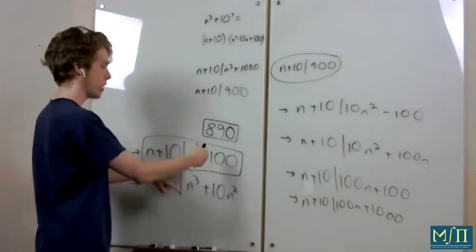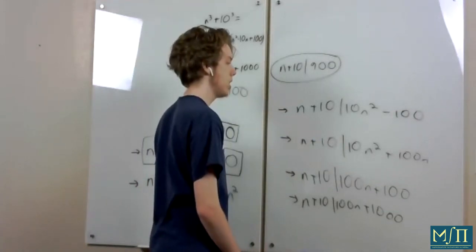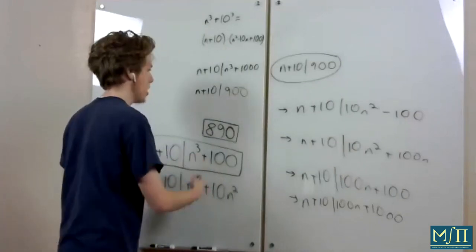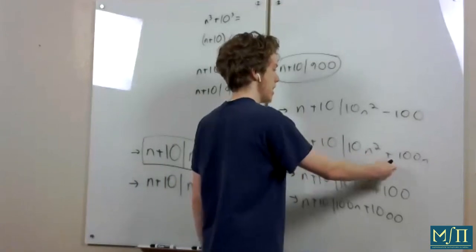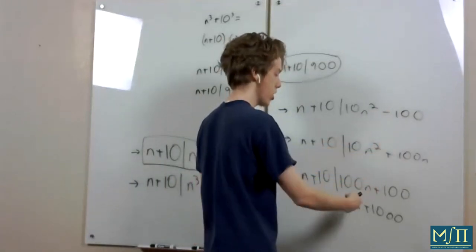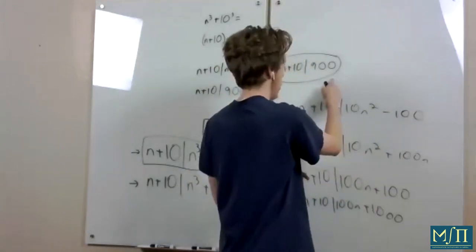So if we subtract these, we would have to have this. Now we got rid of the n cubed, and we're only down to a square. Now let's get rid of the square, because this is multiplied by 10n. So subtract these and get this. Now we're down to a linear term. Get rid of it by multiplying this by 100, subtract again, and you get this.